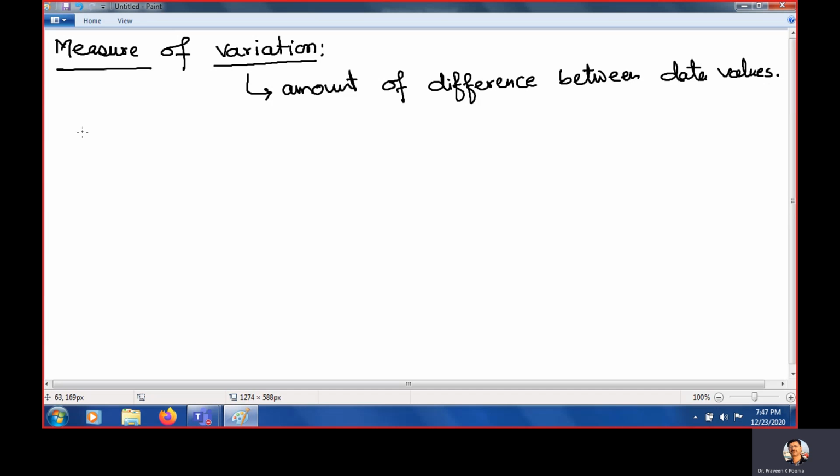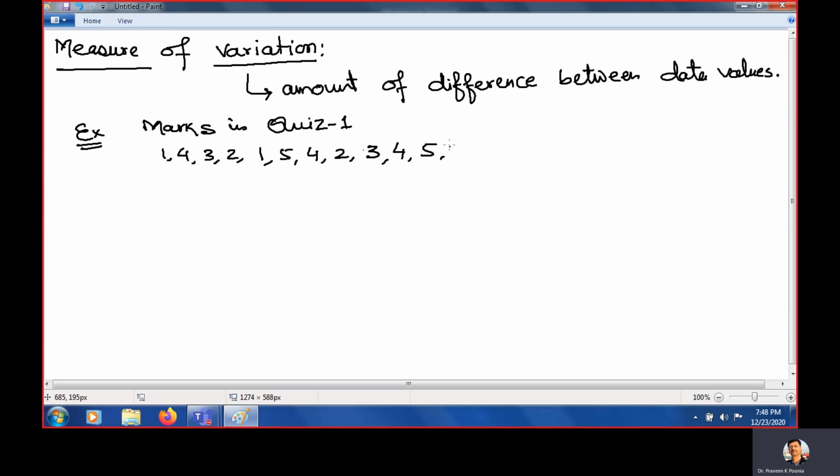Let us say, for example, I take marks in quiz 1. How many marks are students getting? Only 1, 4, 3, 2, 1, 5, 4, 2, 3, 4, 5, 4.